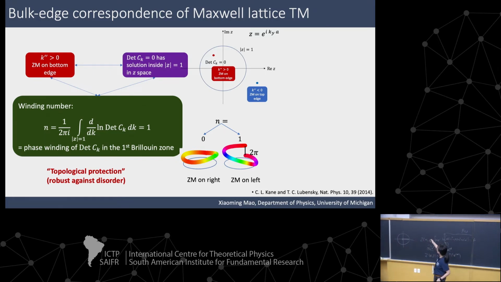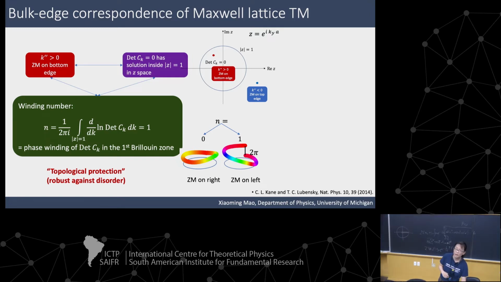So that tells you that this n can only be integer, and this is the so-called topological protection in this case. And then we can show that when you give the system some disorder, it doesn't matter as long as you don't make n jump to the next value, okay? And this is basically the bulk edge correspondence of Maxwell lattices. Any more questions?